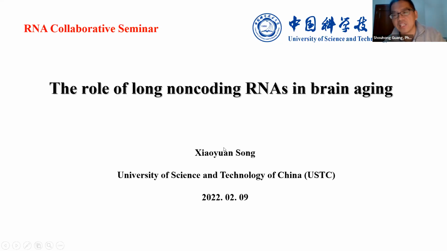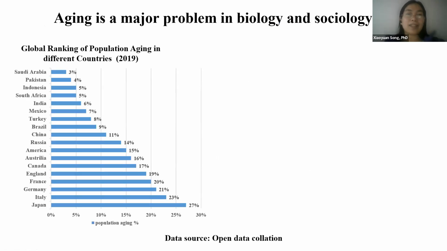You can start, and just tell me to go to the next slide. Okay, thanks, Shihong, and thanks to the organizer for giving me the opportunity to present our work. My talk title is The Role of Non-Coding RNAs in Brain Aging. Next, please. Aging is a major problem in both biology and society.